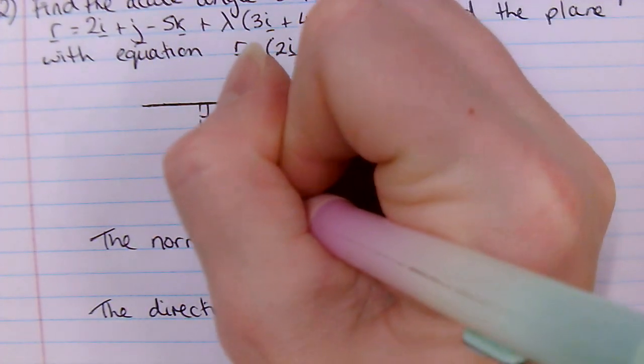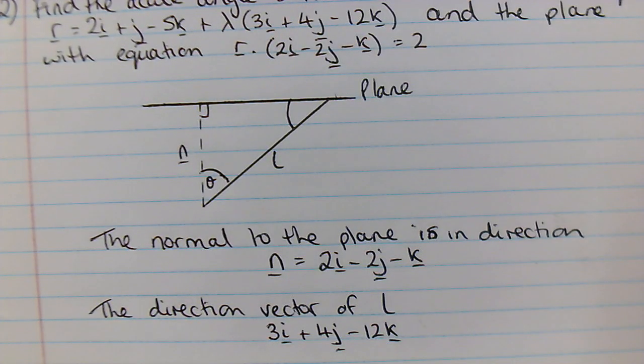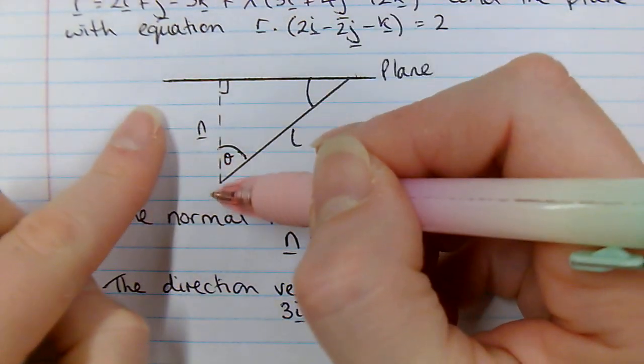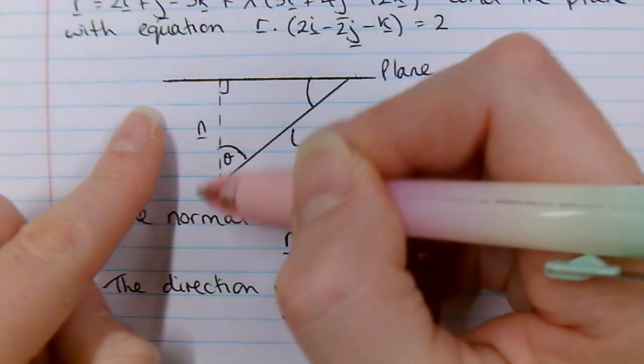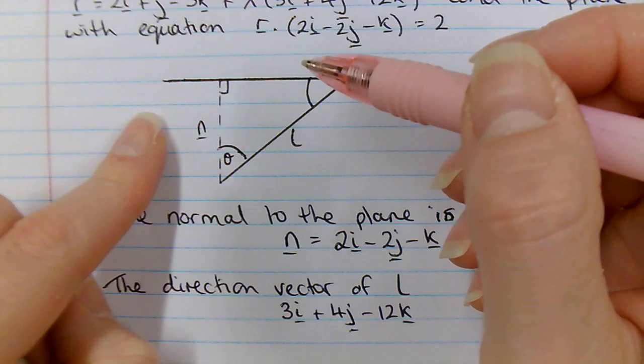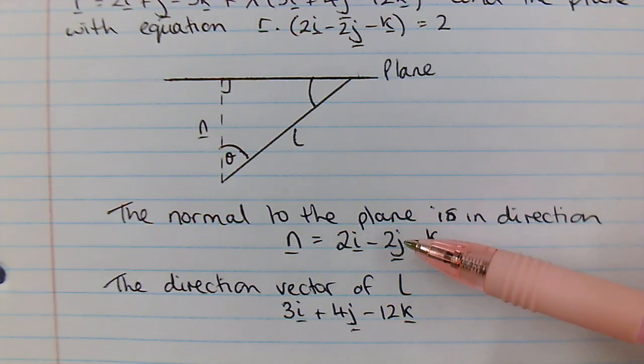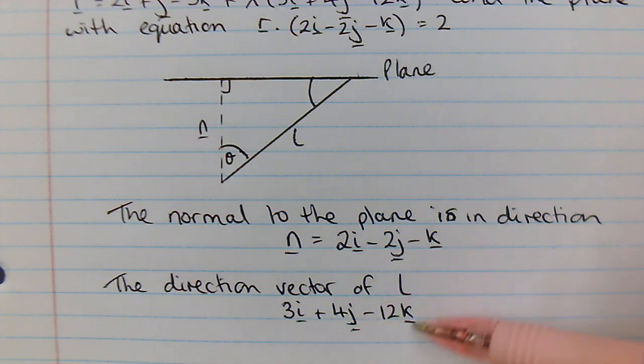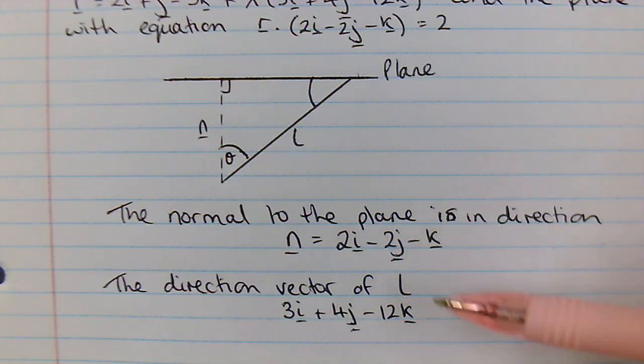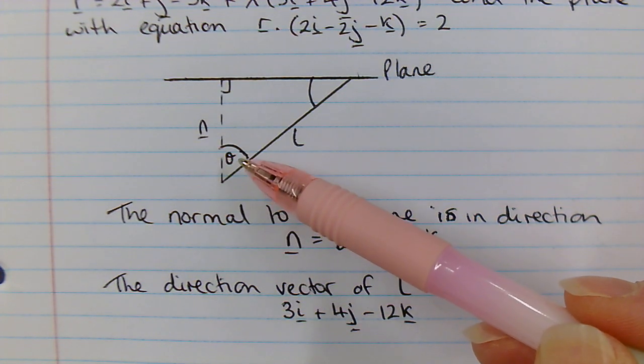So let's call this theta. We can think of these as almost two lines, so cos theta is going to be equal to n dot the direction vector of L over the modulus of this times the modulus of this. And that's going to give us this angle here.